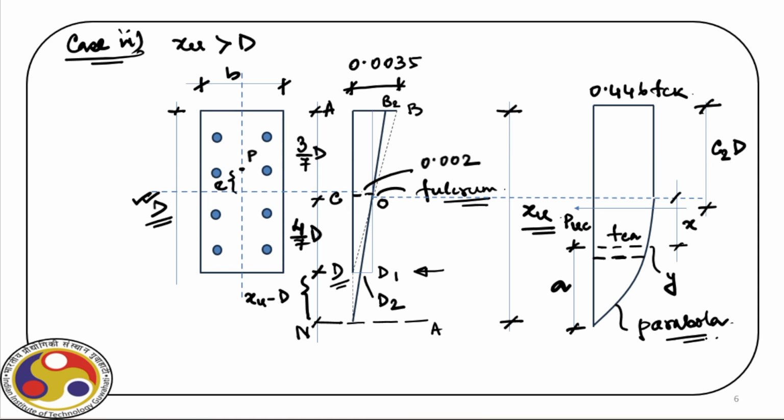So now we have the complete stress diagram, and we can derive the quantity. So for that we know XU is equal to K times D. If you recall your beam design, then let C1 be the coefficient of the area of the stress block.